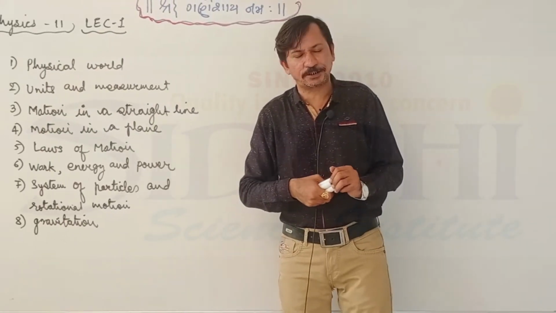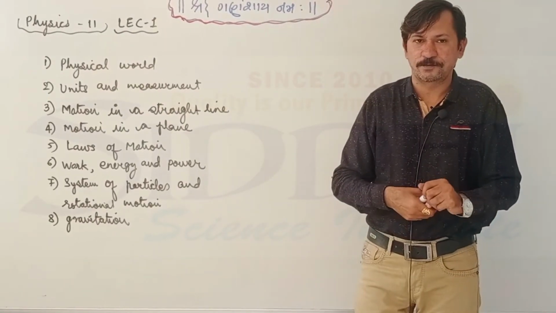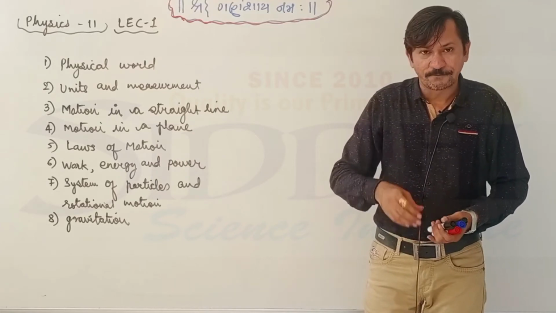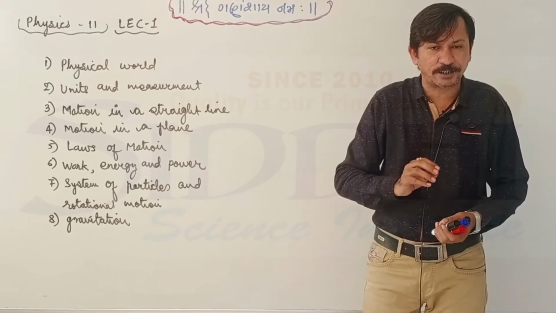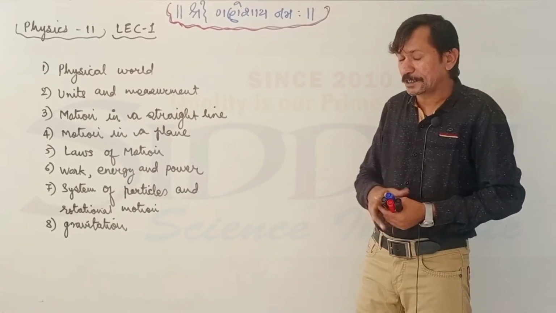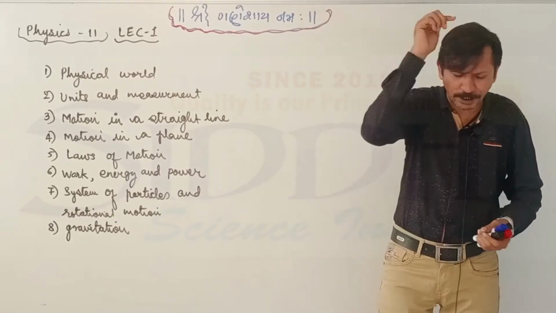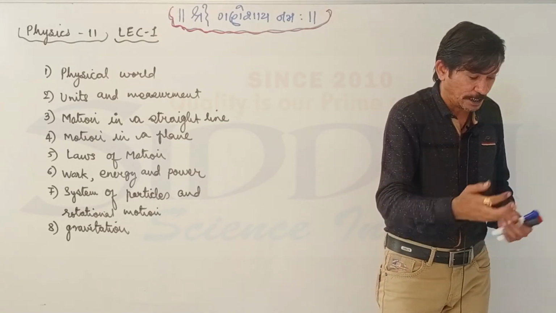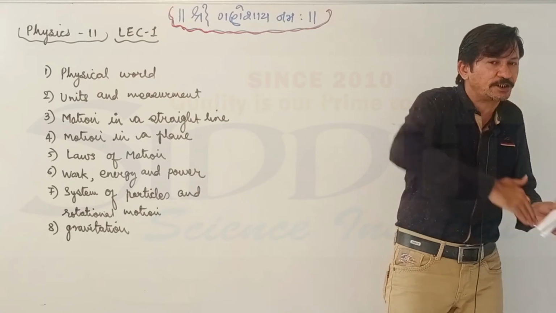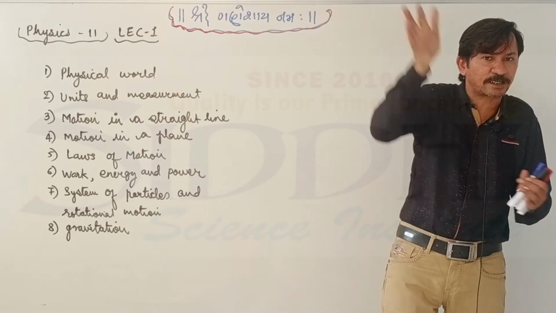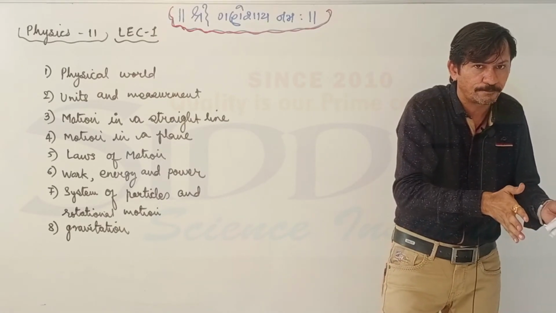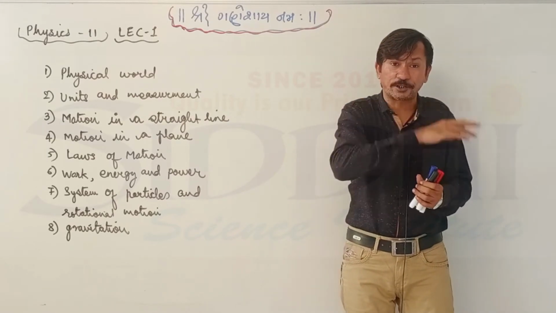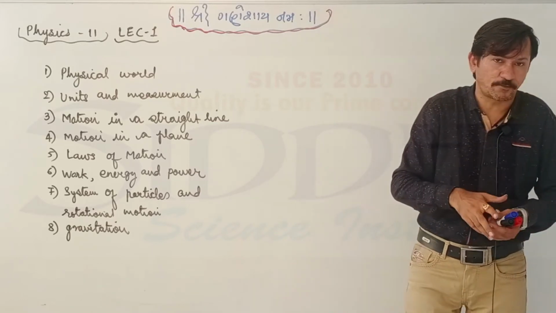My dear brothers and sisters, you know something about gravitation. When an object is released or dropped, it moves downward towards the earth. It means there is something in the earth which attracts the objects towards it. Similarly, our earth is attracted by the sun, moon is attracted by the earth. This is a type of force, and that's gravitational force.